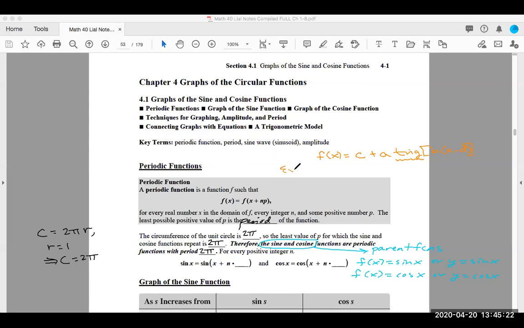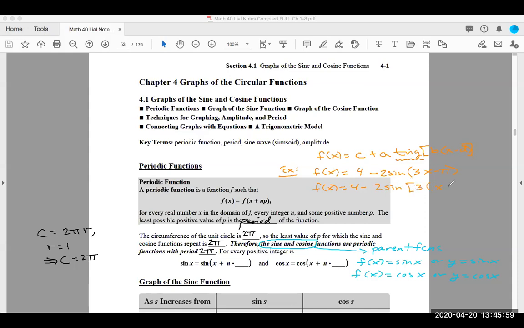So as an example of what we're going to be looking at later, f of x equals 4 minus 2 sine of 3x minus pi. We're going to find that we can actually rewrite this function in the terms we have above.